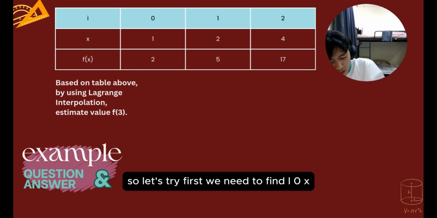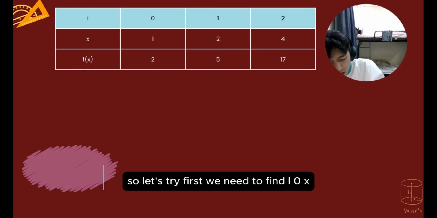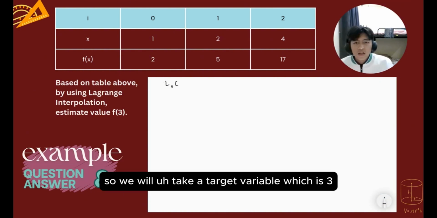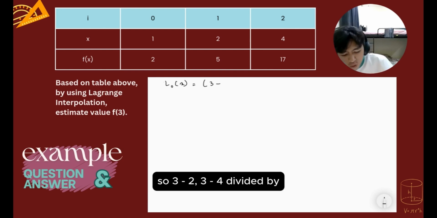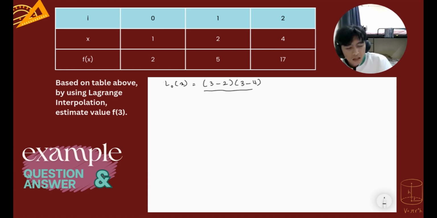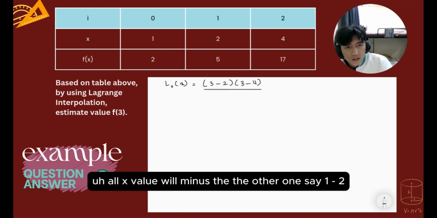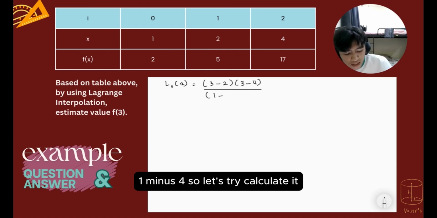So let's try to find it using the formula explained by my friend just now, which is the Lagrange formula. First, we need to find L0(x). We take the target variable, which is 3, and subtract all values except x0. So (3 minus 2)(3 minus 4), divided by the x value minus the other ones: (1 minus 2)(1 minus 4).